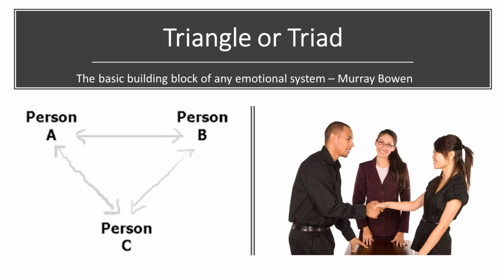These emotional systems started with a single triangle and build from there into very complex interlocking triangles. A leader has the ability to either make the relationship between two conflicting parties worse or better, depending on how they manage themselves in the triangle.